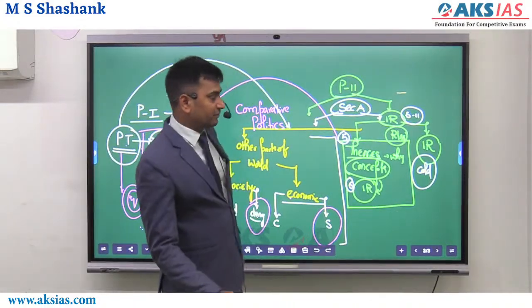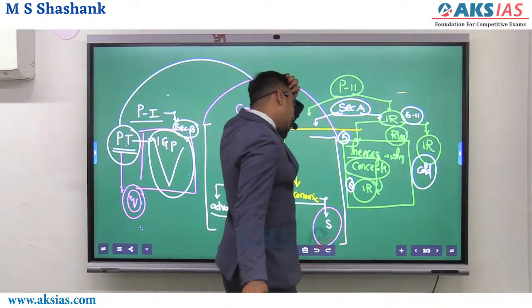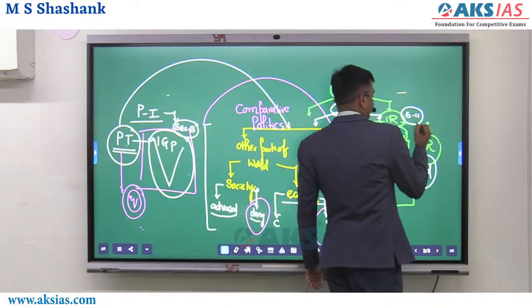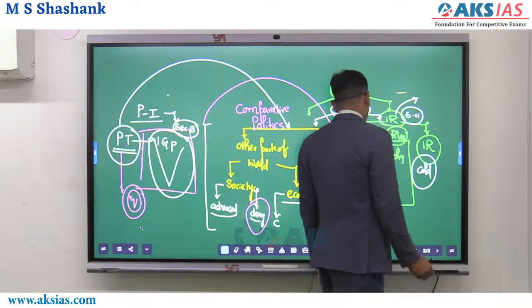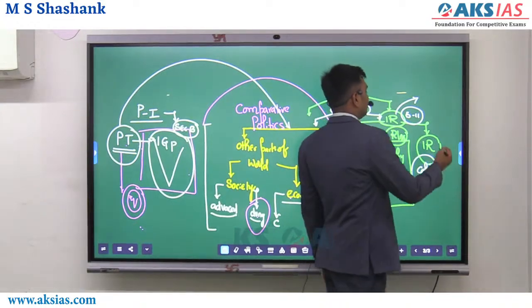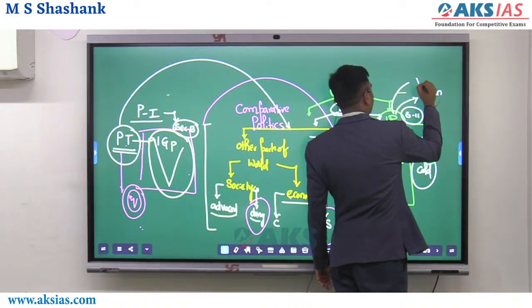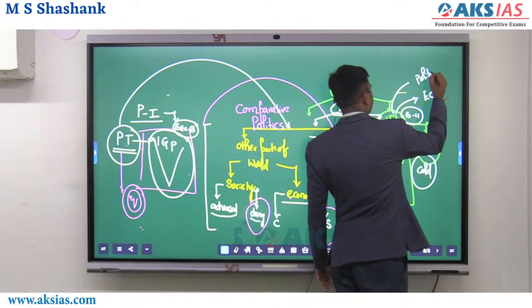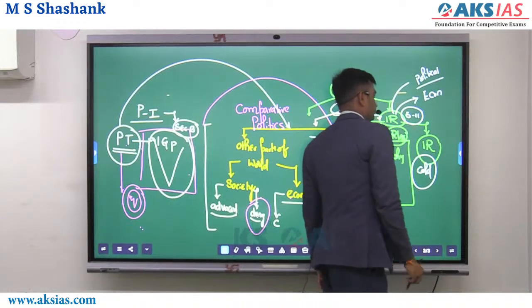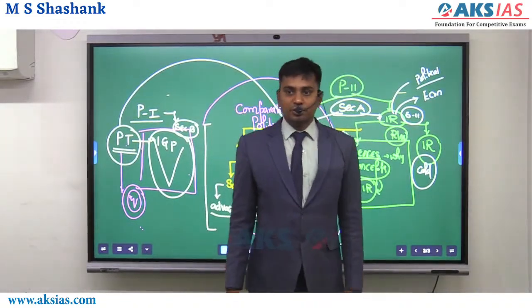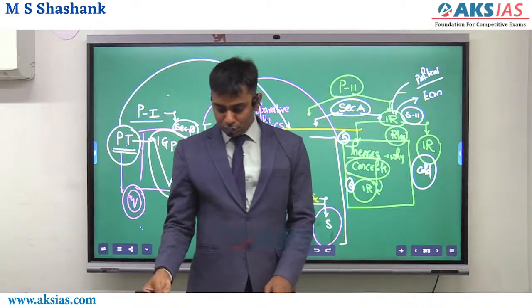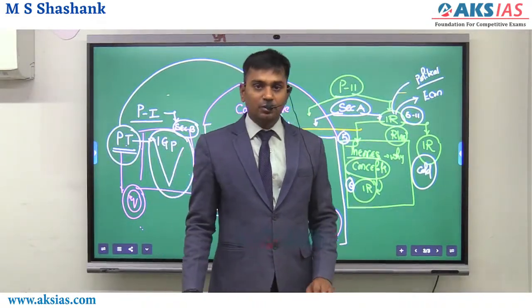After that, then they spoke about at the global level, there is some economic institutions, there is some political institutions. Economic institutions were given in the so-called 8th one.